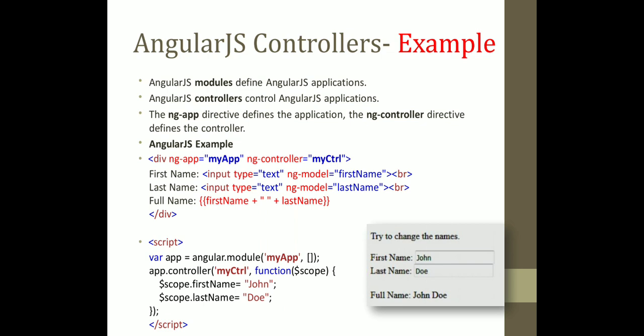For example, where you have used ng app, by showing an arrow you can write what ng app is doing here, and what ng controller is doing here. Or if you have used that variable app, you can define that we have created the app module here. For app.controller in the next line, you can define that we have created a controller here.